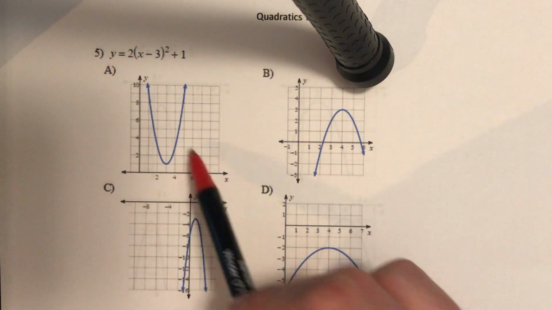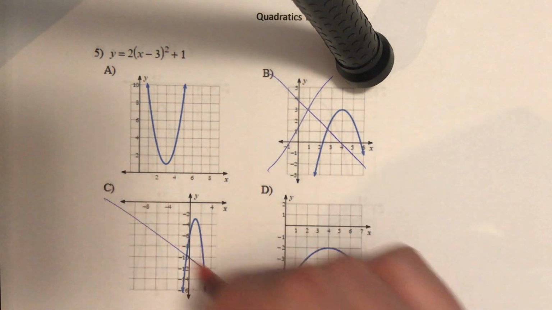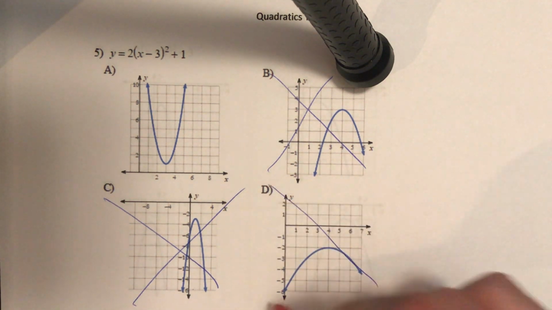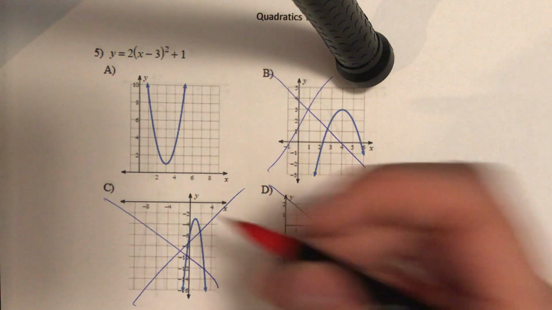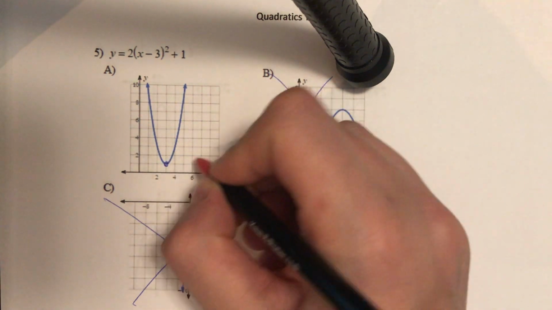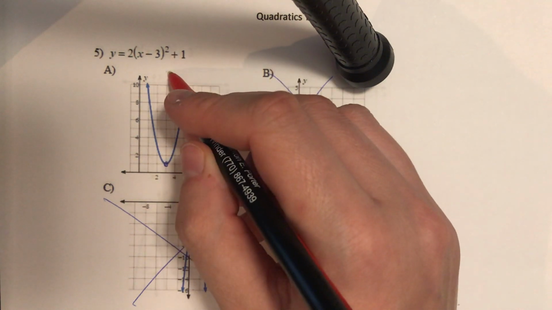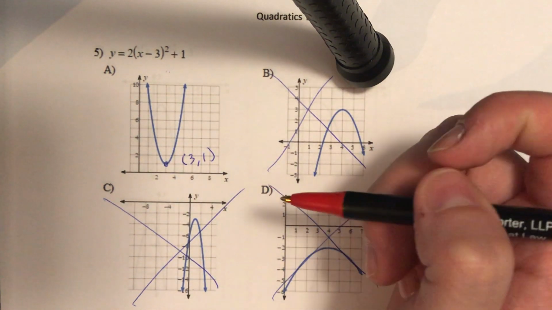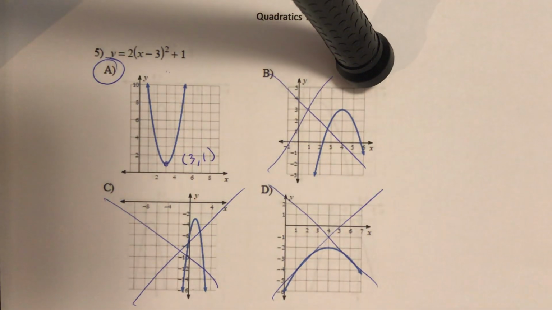So it's got to be this one. It can't be that one, that one, or that one. So we can immediately know this, which works out, this is 3, 1, which should be our vertex, is A. That is my answer.